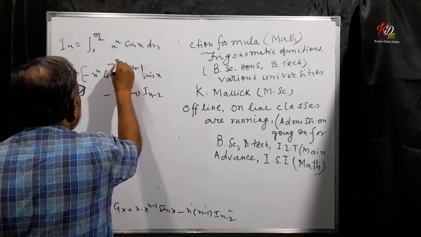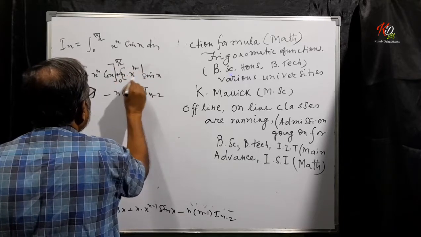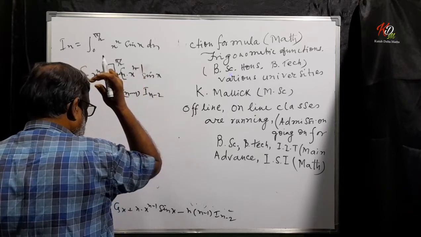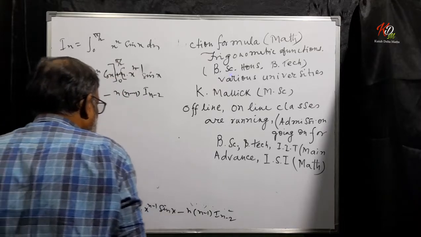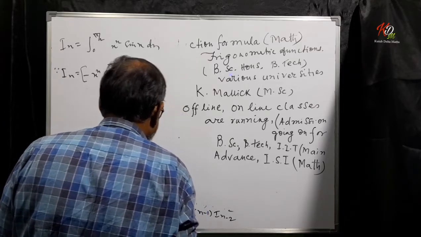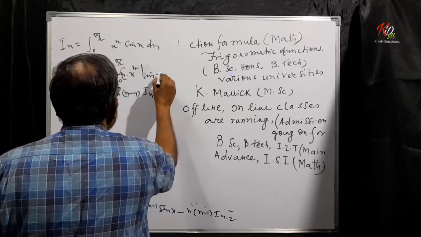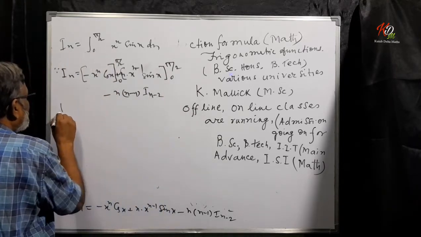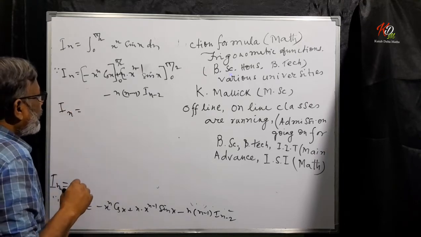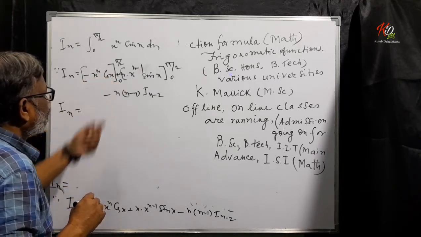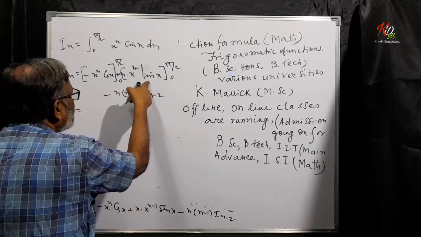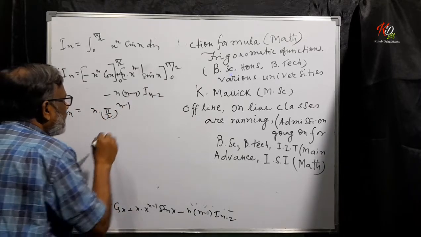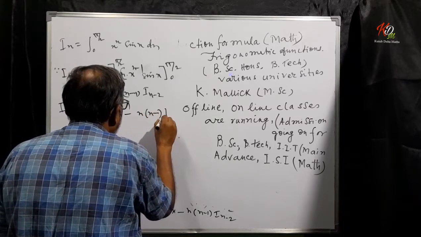Limits 0 to pi by 2. Putting x equal to pi by 2, cos gives 0, and putting x equal to 0 gives 0. For x equal to pi by 2, sin pi by 2 is 1. So I n equals n into pi by 2 to the power n minus 1 minus n into n minus 1 I n minus 2.